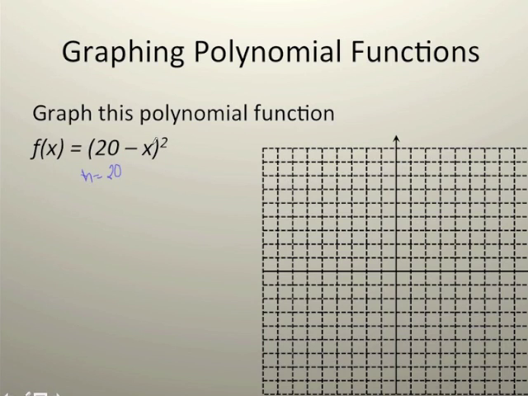Symmetry, it is a quadratic, so this has symmetry at x equals 20. The zero is at x equals 20, and it has a multiplicity of 2, so it does not cross.